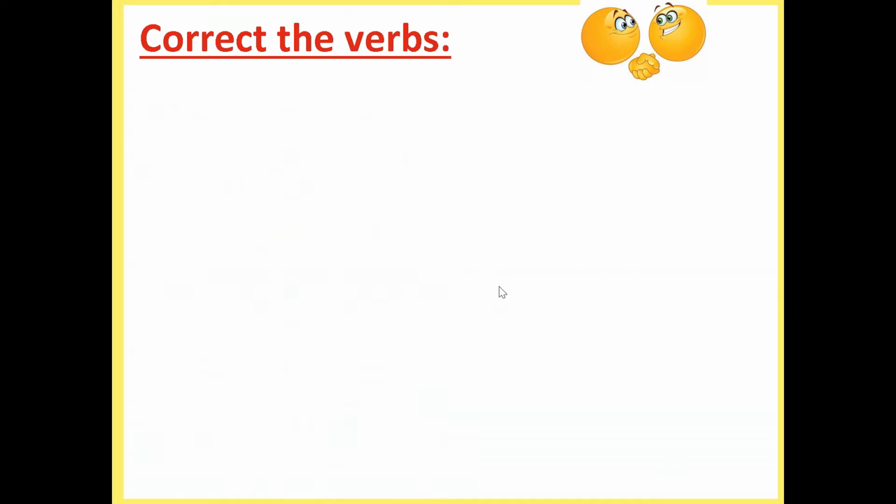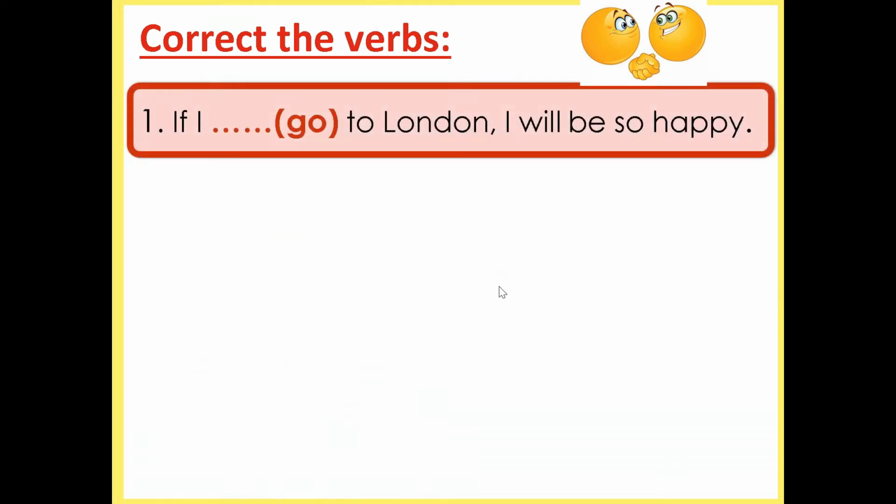But I have another example, maybe to correct other verbs the same way. If I go to London, I will be so happy. So what should I do here? I have to correct the form of the verb in brackets, but only if you need to change it.